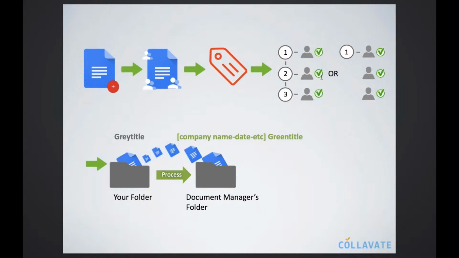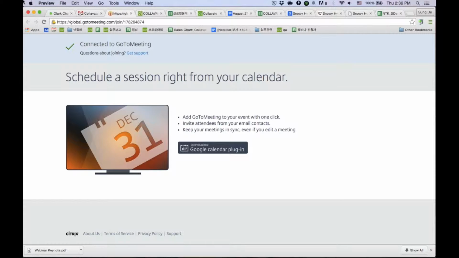So what Collavate does, before we actually begin, it uses the files based on the Google Drive and creates a structured workflow feature for organizations that you can use to cooperate on multiple documents and process them. So let's quickly look at the actual screen.